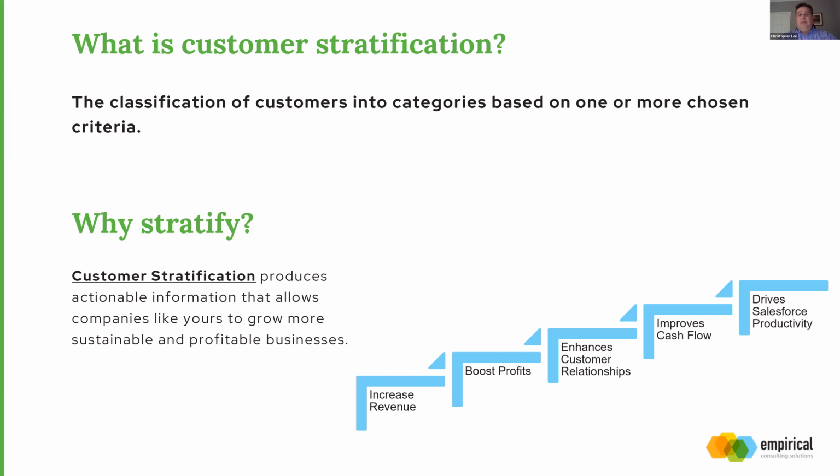Research suggests that the depth of relationship is critical to companies' growth and ultimate survival. Not all customers are the same. Finally, customer stratification increases your team's productivity, whether it's a CEO, sales consultant, account executive, or marketing team, to make better use of their time by quickly identifying opportunities that exist for your customers and their business.